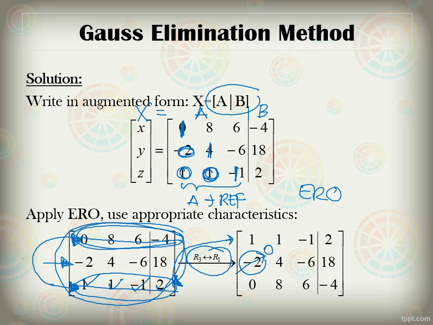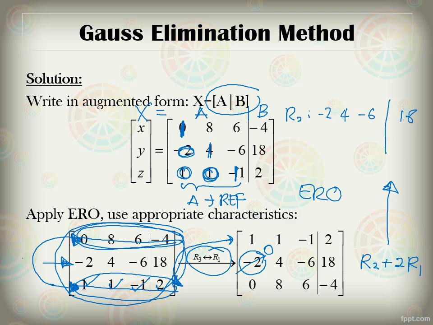What should we do in order to reduce this to 0? We want to change row 2. How? We can use row 1 to help us reduce row 2. So we can add 2 times row 1, because row 2 is minus 2, 4, minus 6, 18.